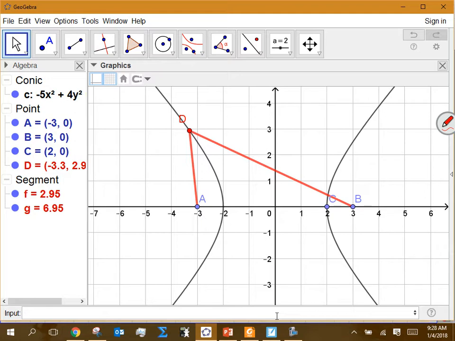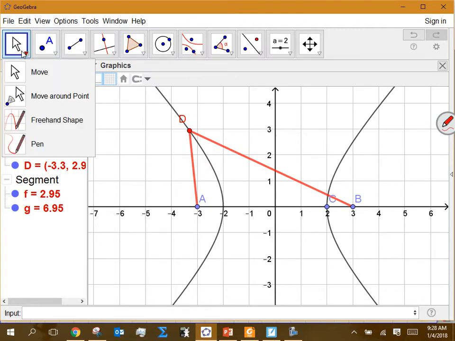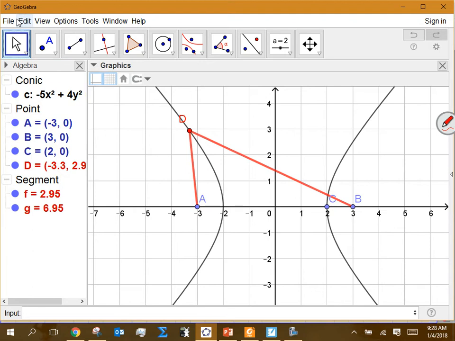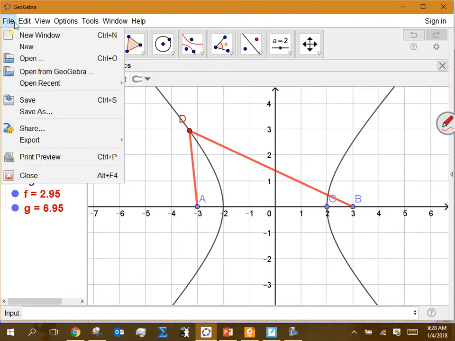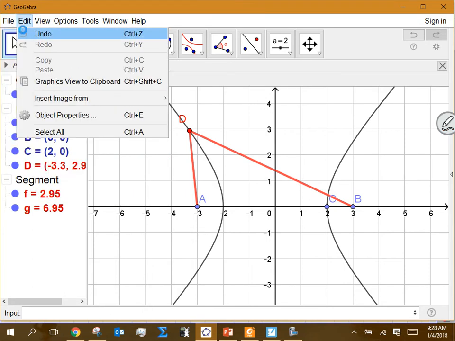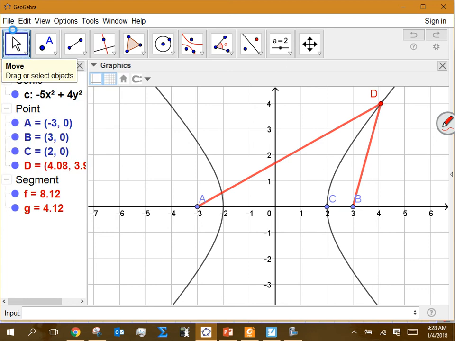Okay, so that's the geometric definition. I want to talk about some algebraic connections and physical connections with hyperbolas, which becomes very useful and it really is similar to maybe what we know about parabolas.